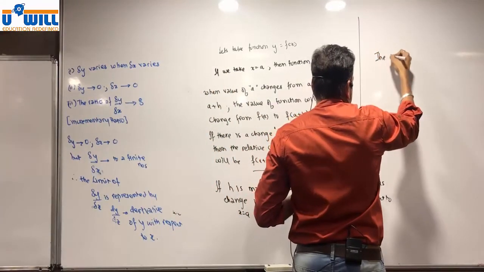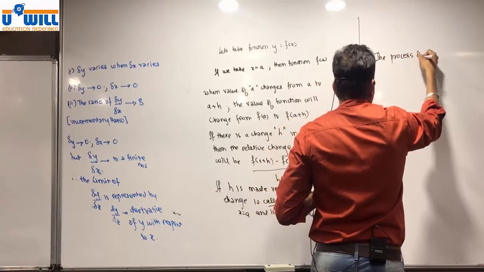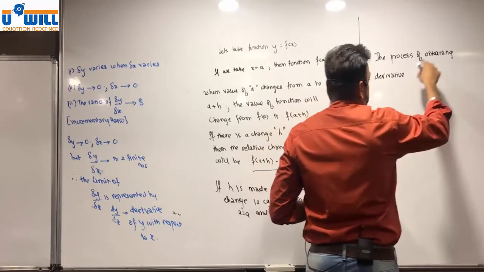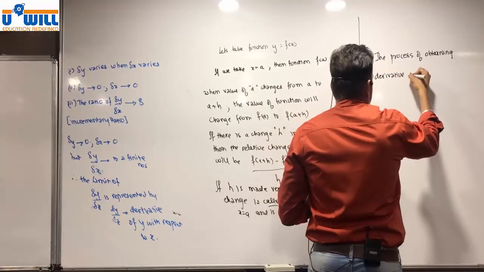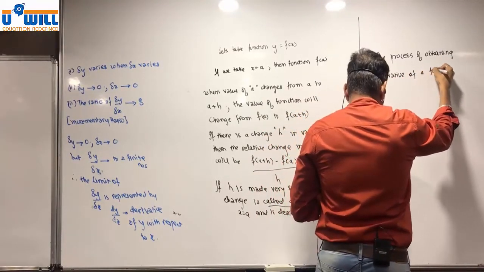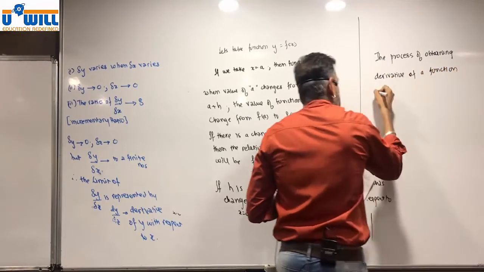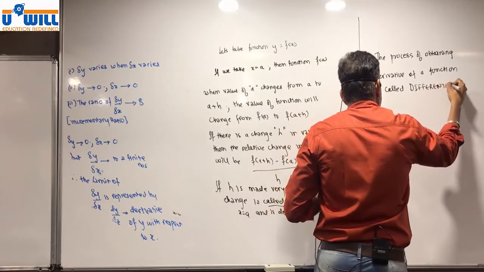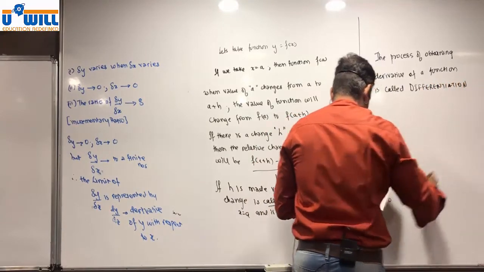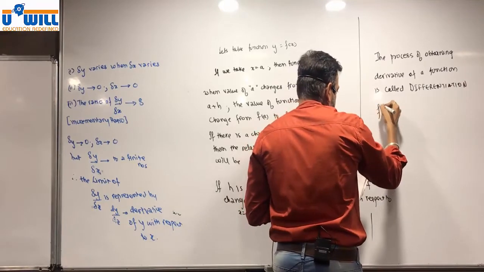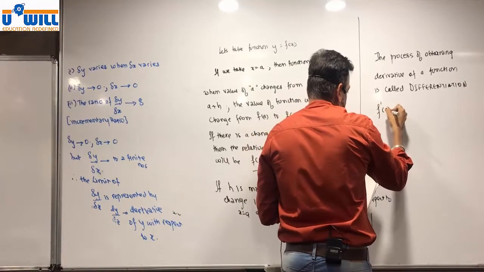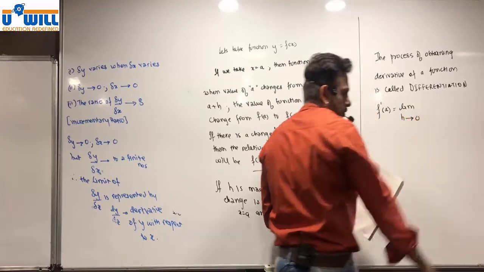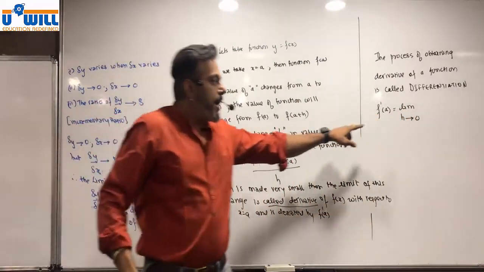The process of obtaining derivative of a function is called differentiation. So f dash a is equal to limit h tends to 0, f of a plus h minus f of a upon h. Now ये भी दिया h tends to 0.